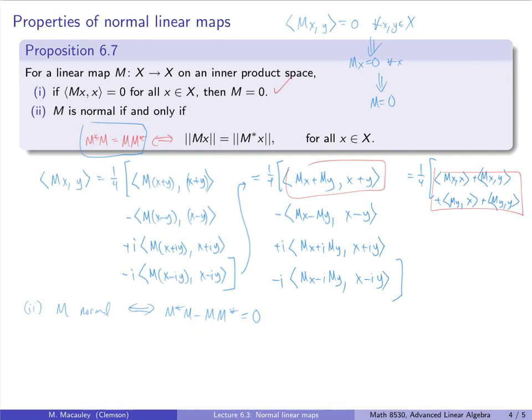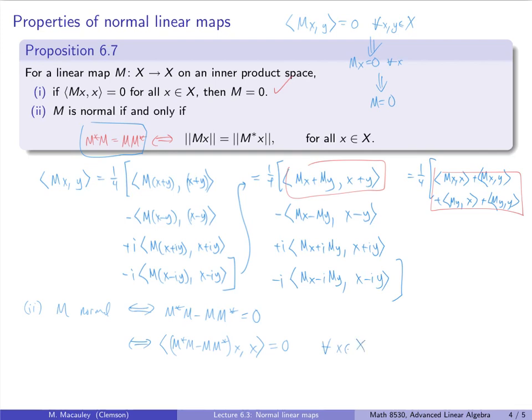If this is the 0 map, then that is going to be the same thing as, by part 1 here, taking (M star M minus M M star)x dot x being equal to 0. Normally we have one direction: if this is true, then clearly the second part is true. But part 1 says this is an if and only if. The converse holds as well. Oh, and I should probably say, obviously for all x in X.